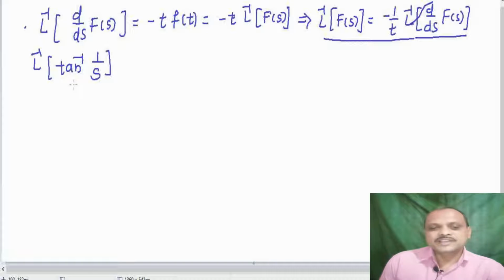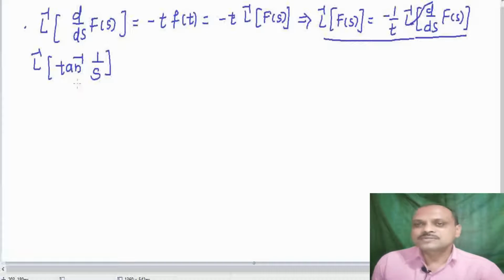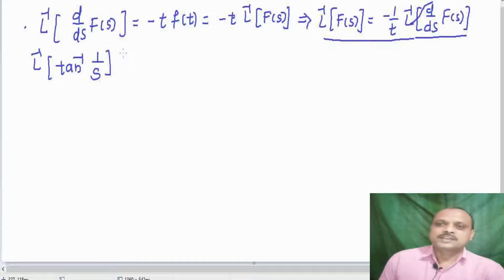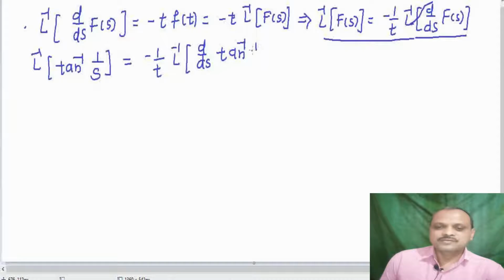Now friend, you can see that we do not have any standard formula to find the Laplace inverse of this tan inverse. In that case, we can apply this formula. What we have to do is divide by t with a minus sign, and this will be L inverse of d by ds, taking the derivative of the function f of s, tan inverse of 1 divided by s.